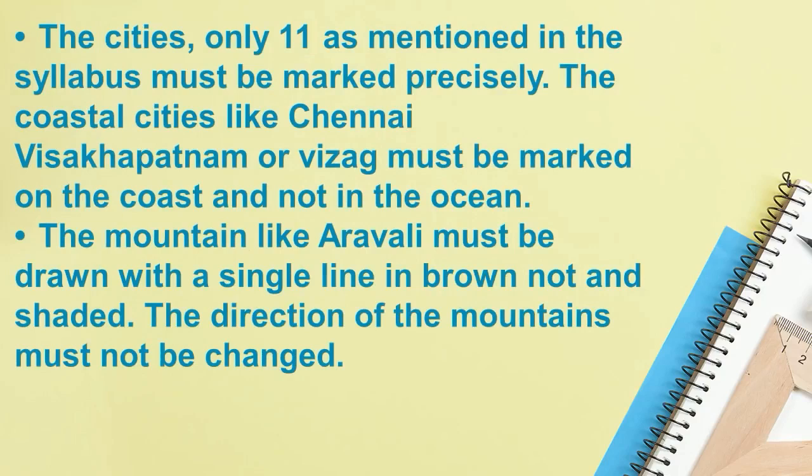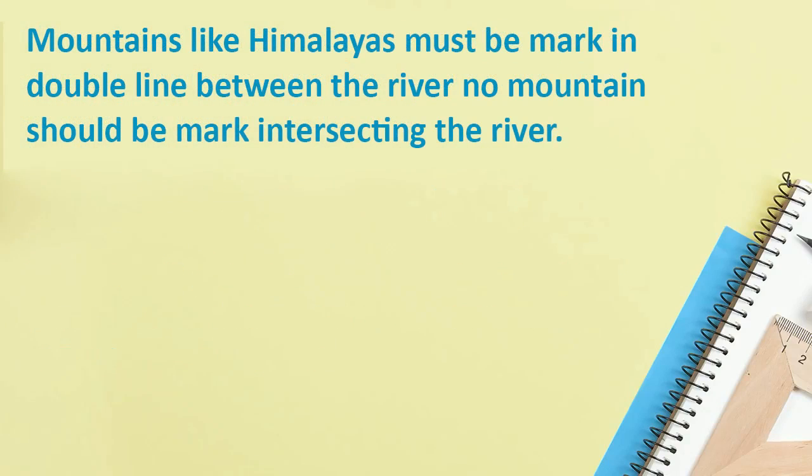The mountains should be marked with a single line, that is in brown color, and of course the direction of the mountain should not be changed under any circumstances. Mountains like Himalayas must be marked in double line between the rivers. No mountain should be marked intersecting a river.